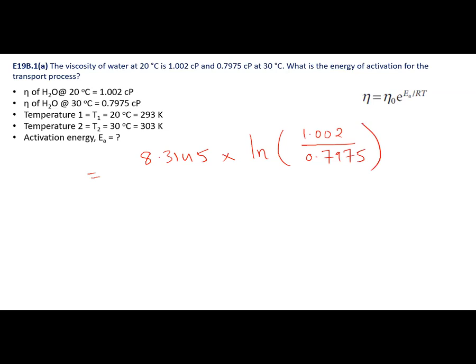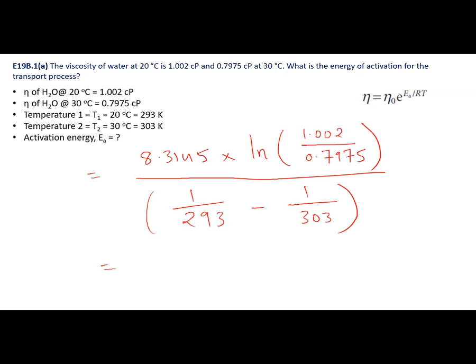Remember, you don't have to change the units for the viscosity. Since both of them are in centipoise, the units get cancelled. Divided by the temperature in Kelvin, 1 over 293 minus 1 over 303. So just do the math, you should be able to get the answer as 16.8 joule per mole. Make sure you know how to calculate these units.